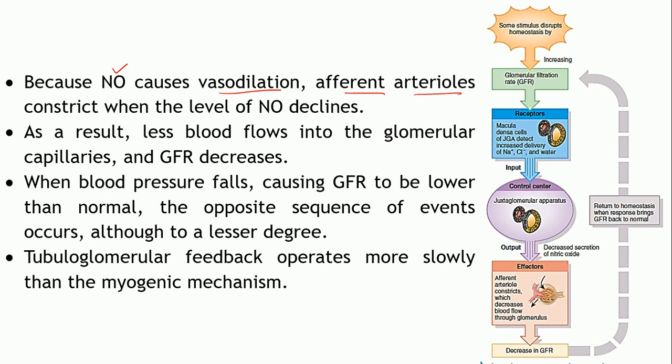As a result of inhibition of the release of nitric oxide, what will happen to your afferent arterioles? NO is responsible for the vasodilatation, and its release is inhibited. So the smooth muscles will contract and result in constriction of these afferent arterioles. As a result of this constriction, what will happen to the blood flowing through your glomerulus? Yes, it will get reduced. Less blood will flow, and less blood flow means GFR will reduce.